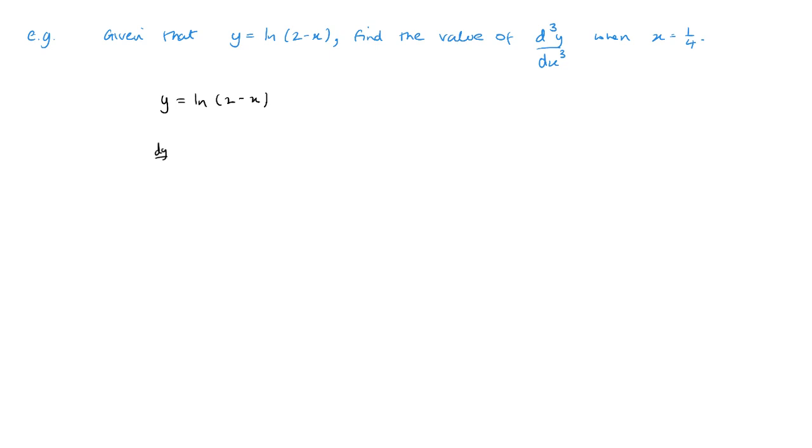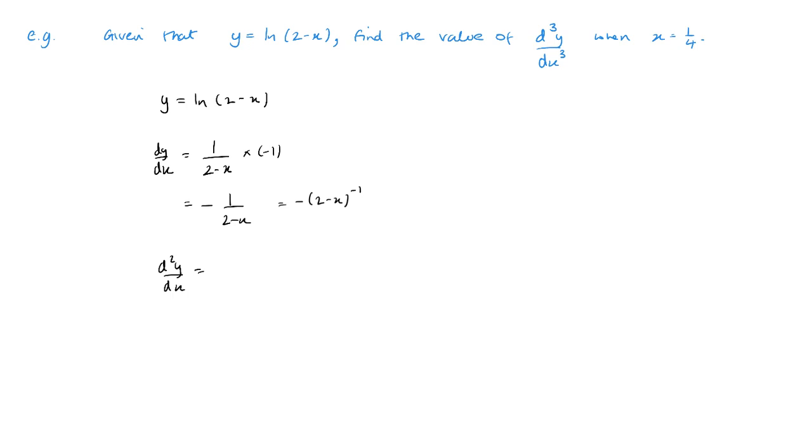Now, if I differentiate this, I get 1 over 2 minus x times the derivative of the inside. If I differentiate 2 minus x, I get minus 1, so this is minus 1 over 2 minus x. Then going a second time, I think of this as minus (2 minus x) to the minus 1.